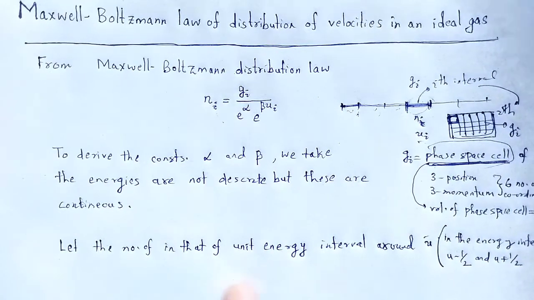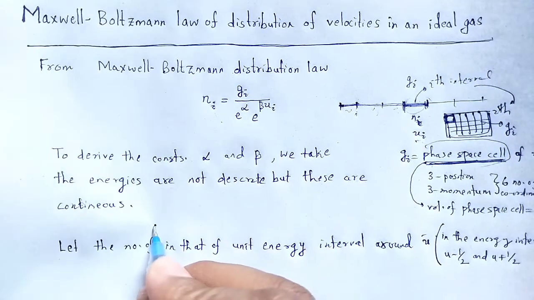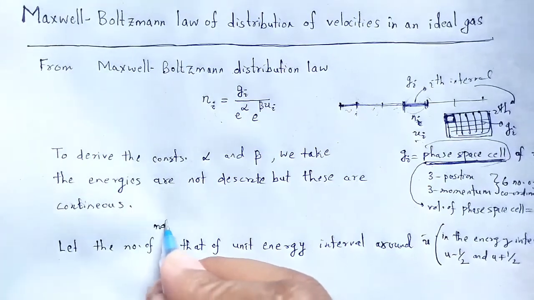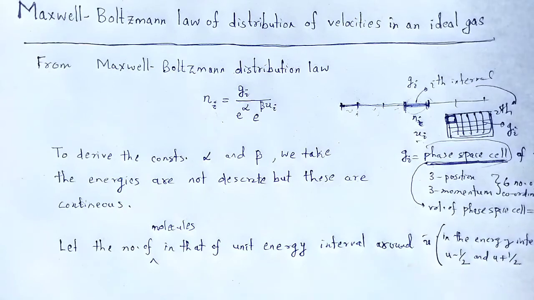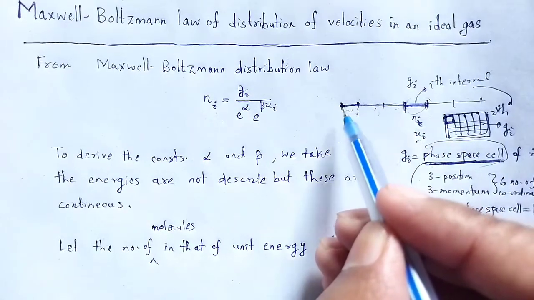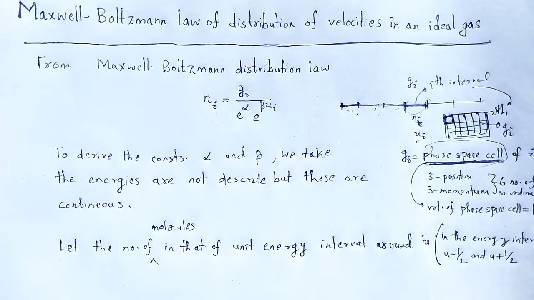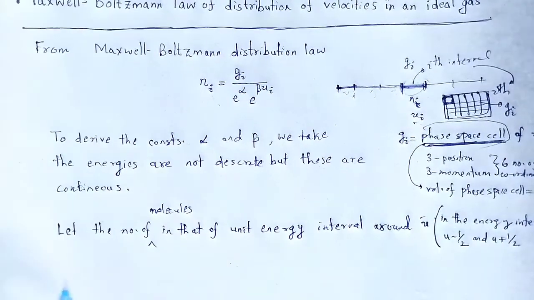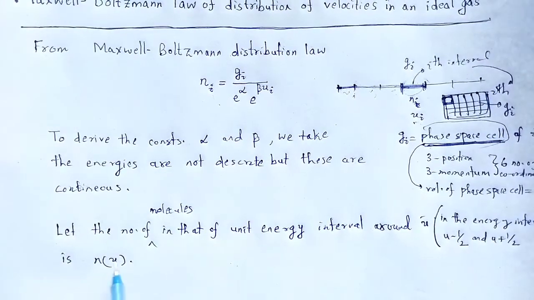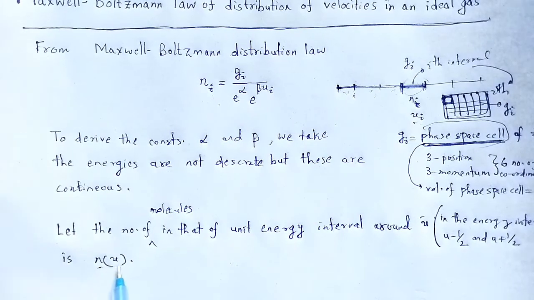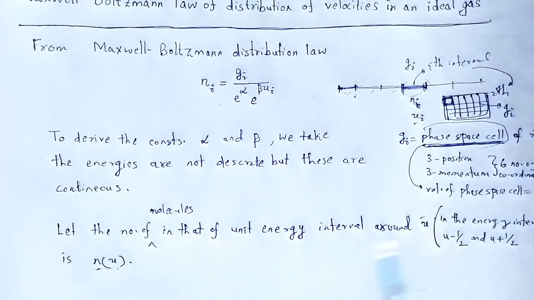What should be the number of molecules in the energy interval around U, that is U minus half to U plus half, that is the range? It is denoted by Nu, the number of molecules in the energy range U minus half to U plus half.